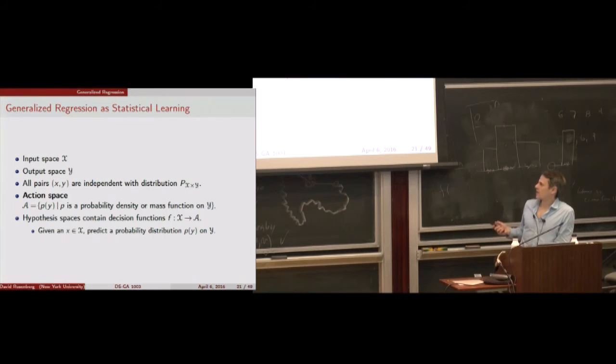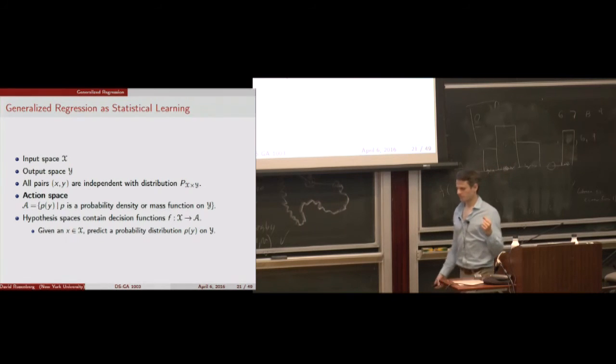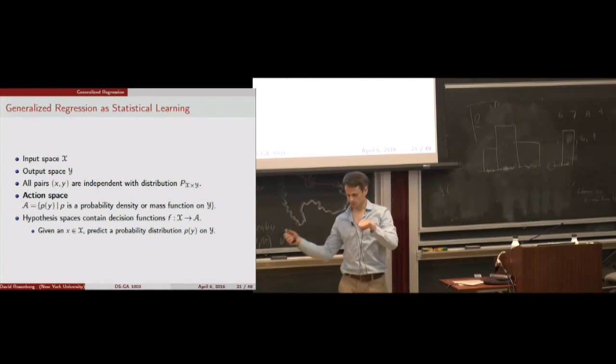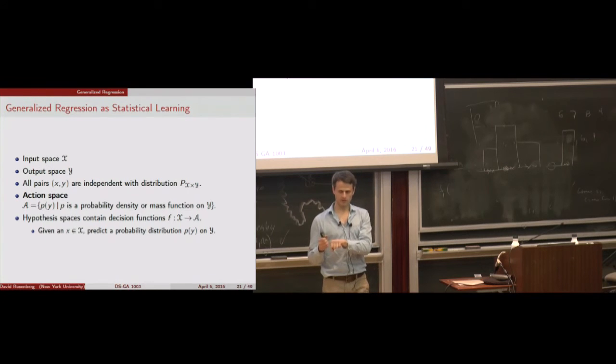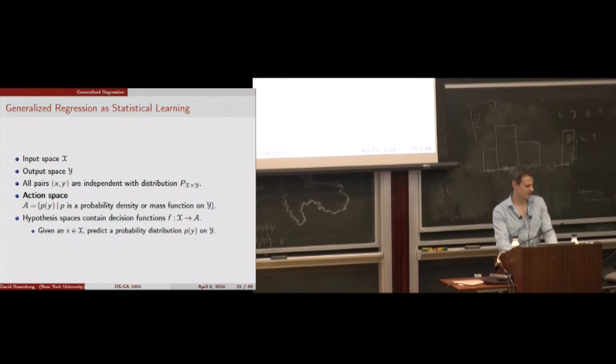So now our hypothesis space consists of decision functions that take an input x and produce a distribution on y. So that's interesting. We got a bunch of data, and we need to find from our hypothesis space a prediction function that will take as input an x and output a distribution. It's a little bit more complicated of an object than we've had before.